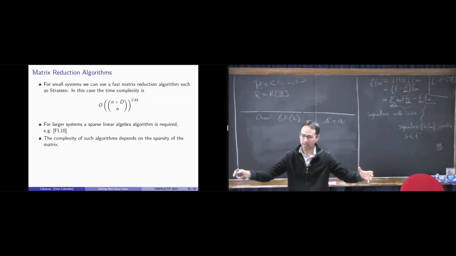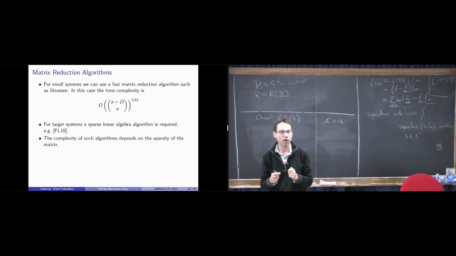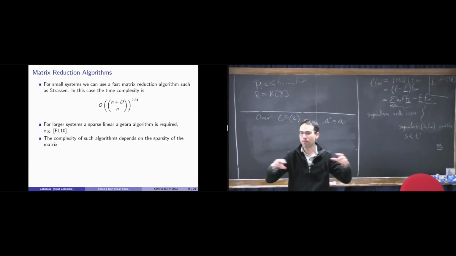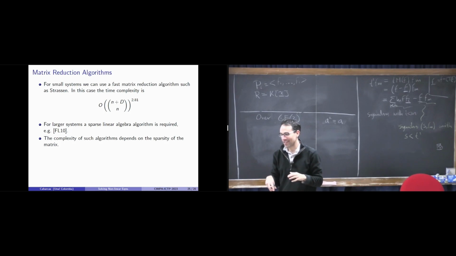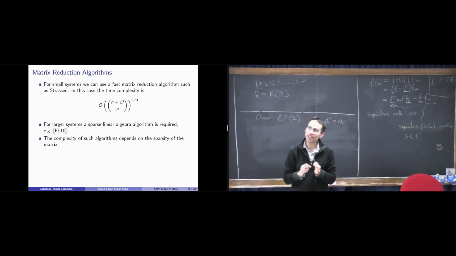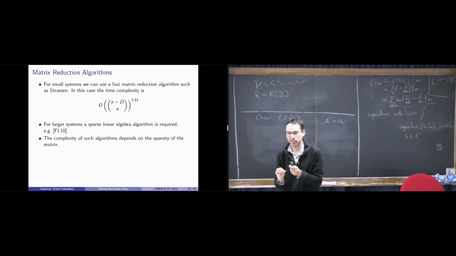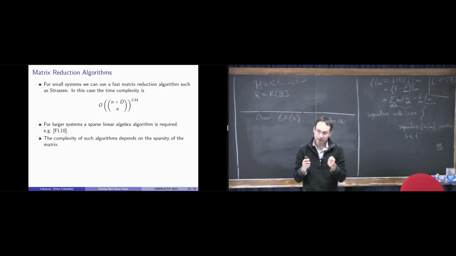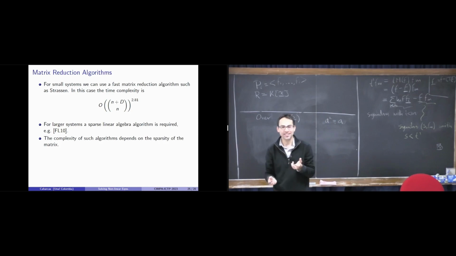Since the matrix is so big, you cannot really store it locally. You need to store the matrix remotely, distributed, and the assumption that you can access an entry in no time is not true. There's a cost on just accessing the memory. So the cost of memory access, when the matrix is very, very large, starts to dominate the whole complexity of the process.